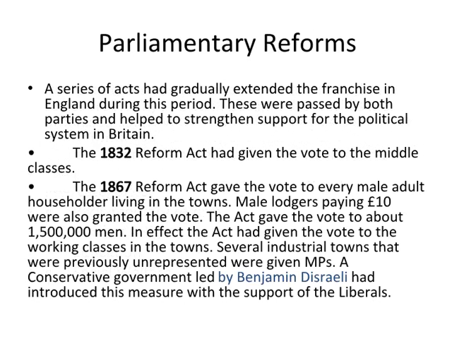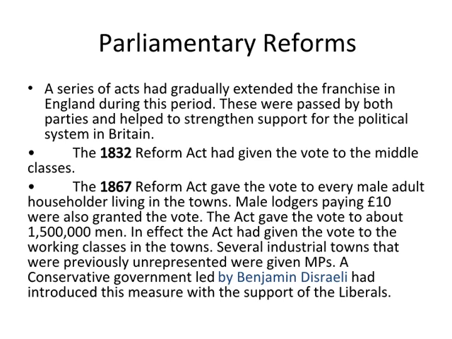A series of acts had gradually extended the franchise in England during this period. These were passed by both parties and helped to strengthen support for the political system in Britain. The 1832 Reform Act had given the vote to the middle classes. The 1867 Reform Act gave the vote to every male adult householder living in the towns.